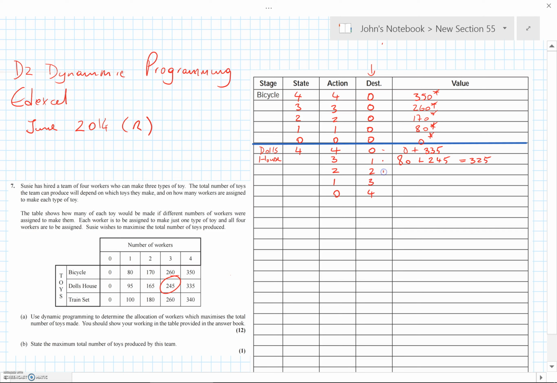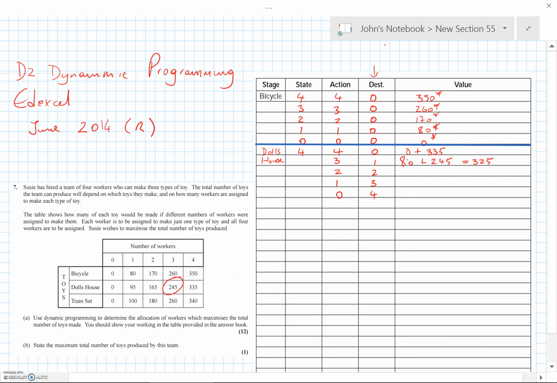For this one, we are pulling down the state of 2 from before. So that's 170 we're pulling down, and we add the 165 that we have there, which means that 2 workers are assigned to doll's house.